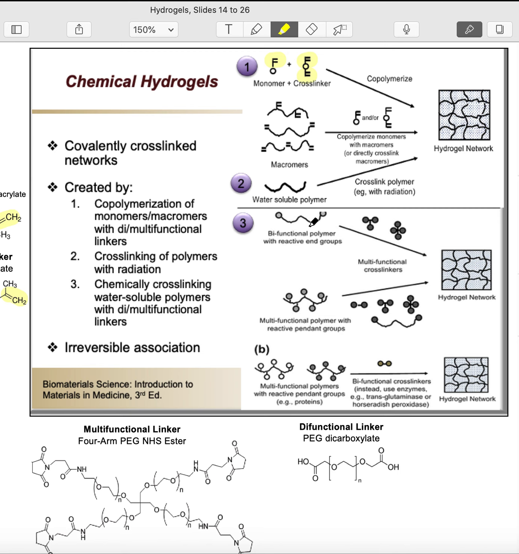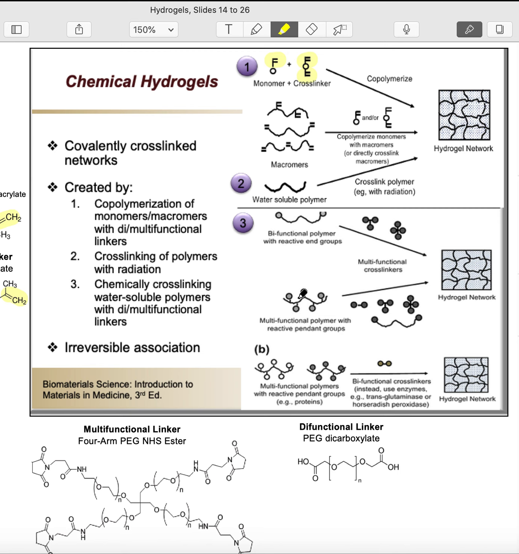So for example, we have a hydrophilic or water-soluble polymer that has two groups that can be reacted, and if we react that polymer with a linker that is multifunctional, in this case it would have to be trifunctional or higher order functionality that would enable these polymer chains that are linear to be able to be cross-linked.